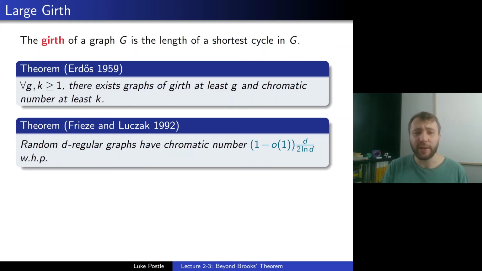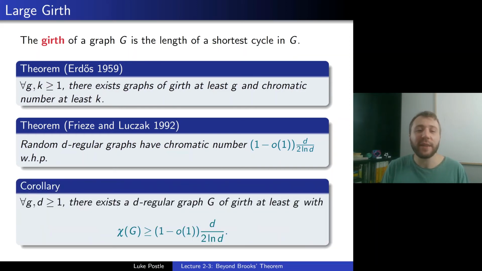And why is that important? Well, it turns out that random d-regular graphs have, at least with some constant probability, a chance to be high girth. So for any girth, there's always at least some, maybe it's just very small, 1% or something, but here we know that almost always you have this chromatic number, and you put those two facts together, and you find that for every girth g and d for degree, there exists a d-regular graph G of girth at least g, with chi being at least that d over 2 log d.